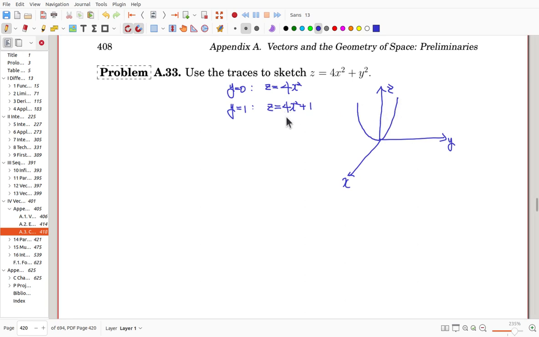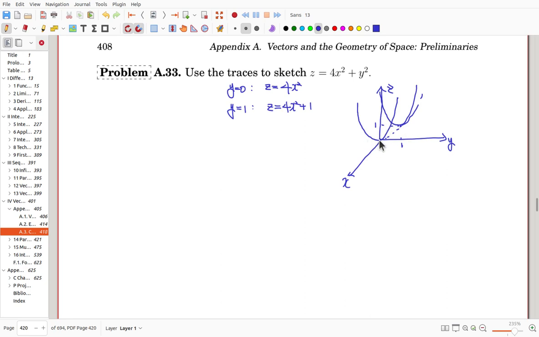And now, once y equals 1, then the vertex must be here, in this position. Once it is 1, then the height is again 1. So again, the same shape of parabola must be here. So along the y direction, the vertex is making a quadratic curve, like that.